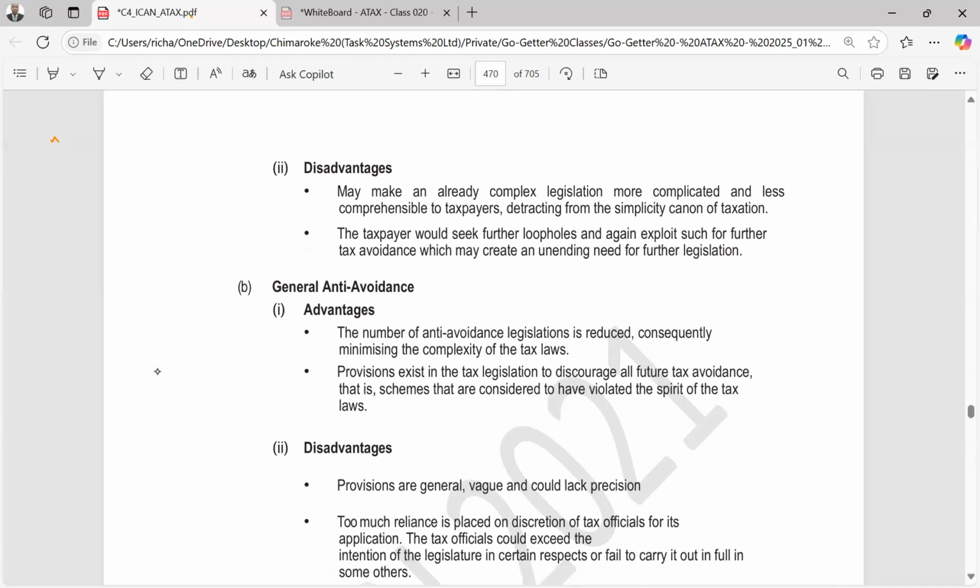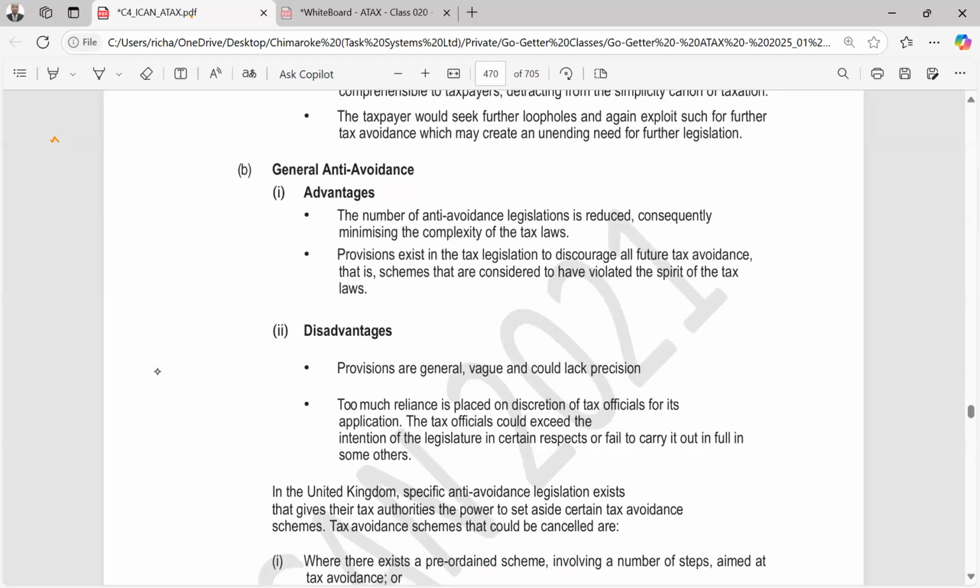The disadvantage is they are too general, too vague, they lack precision. Some situations might come up and you'll be wondering, does this apply to this situation? It doesn't, or it does. And so that's where you see some people start calling and saying, what if, look at this situation, what will happen? What is the tax implication of it? Because you don't know how it's going to be applied.